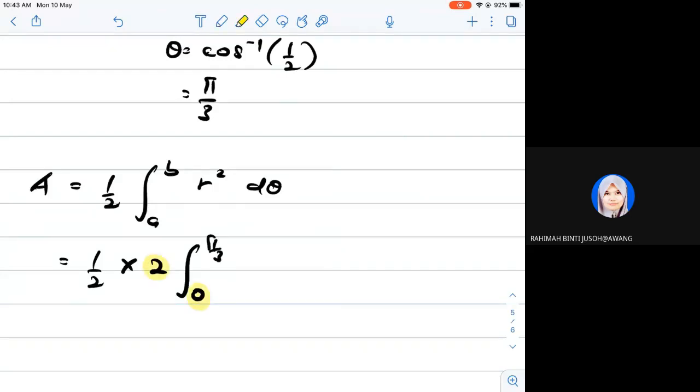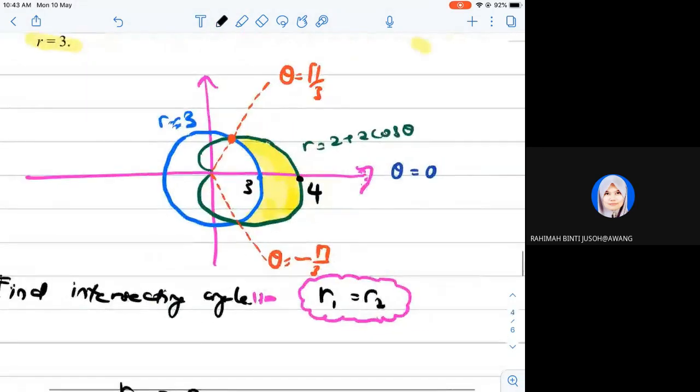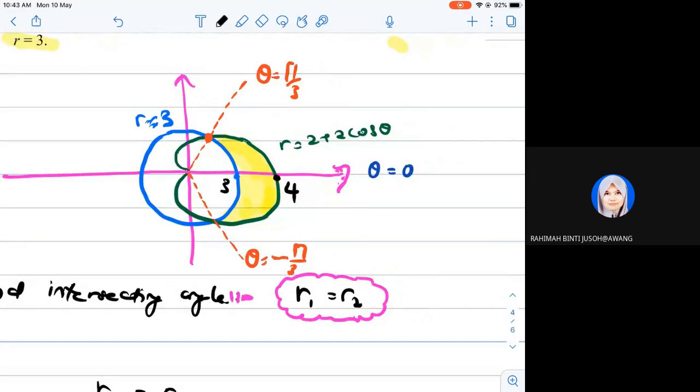Alright, so ni senang sikit kira lah. Bila 0, you kena ambil 2 lah. Okay, now R squared. So kita ada 2 R sekarang ni guys. So berdasarkan kita punya region ni, apa tolak apa? Cardioid tolak circle or circle tolak cardioid? Cardioid tolak circle.